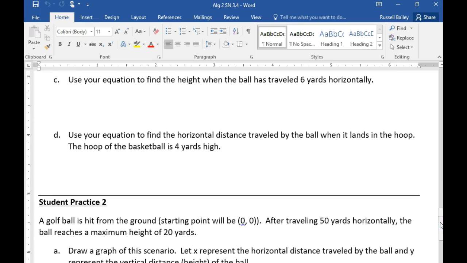You're using the last equation that we had. It was y equals negative 0.375 parentheses x minus 4, squared, plus 8. So I want you guys to do part C and part D. And that's it. So go ahead.